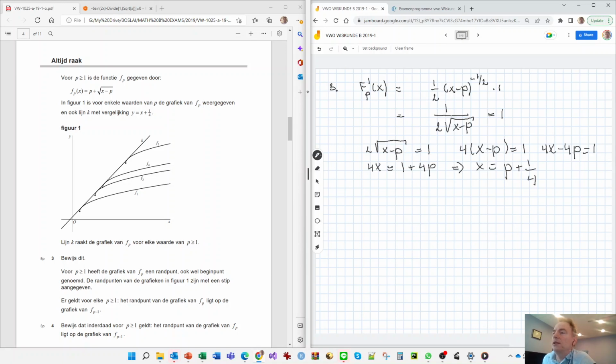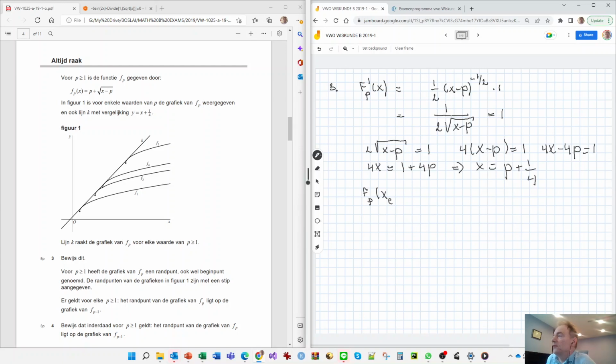But a tangent also needs to intersect that point. So let's check that. Well, you can already believe that. So the y of this line has to be the same as the y of the function. So what do we get? We get fp at the x where there's an extreme.